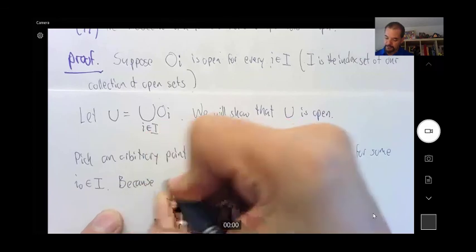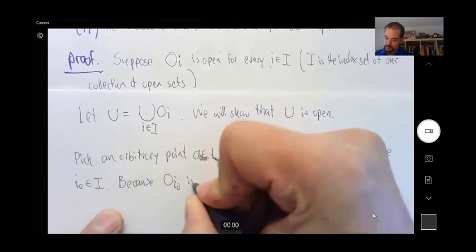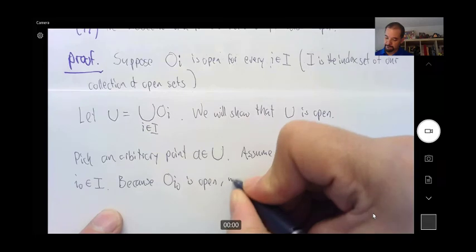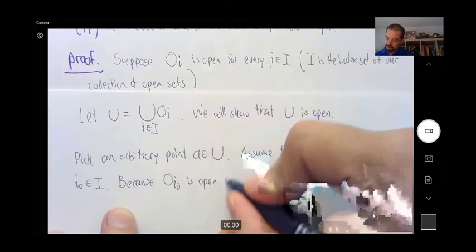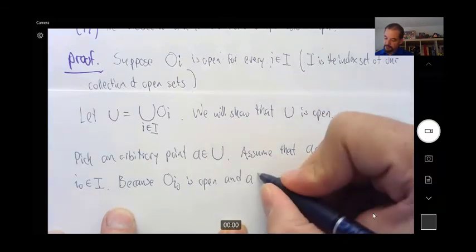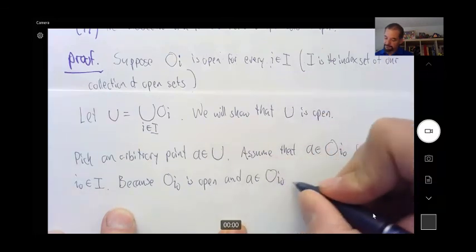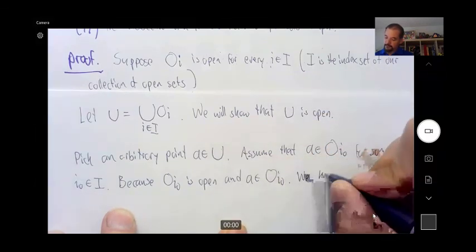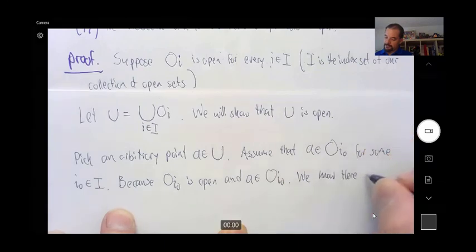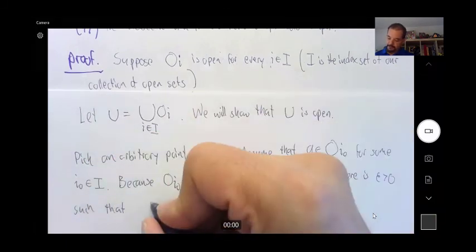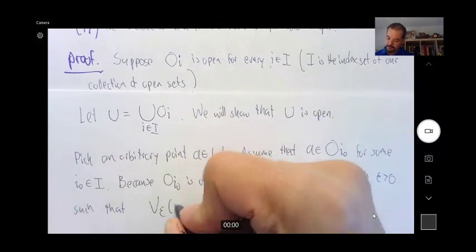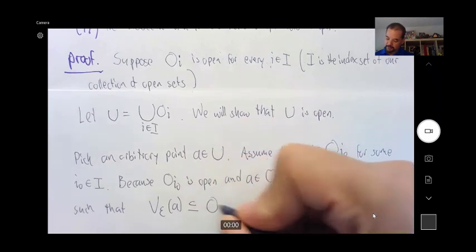So because O_{i_0} is open and A belongs to O_{i_0}, we know there is some epsilon greater than 0 such that the epsilon neighborhood around A is inside O_{i_0}.